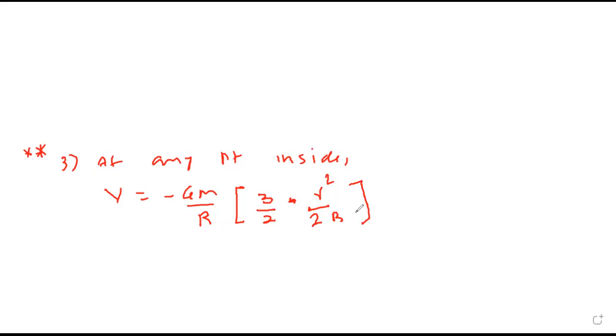Just copy this. 3 by 2 minus r square upon 2 times R square. Almost similar we did even in electrostatics. At any point inside, minus Gm by R, 3 by 2 minus r square by 2R square.